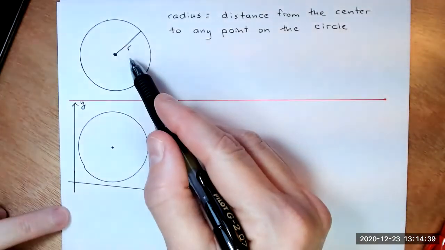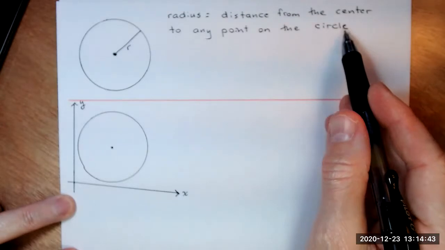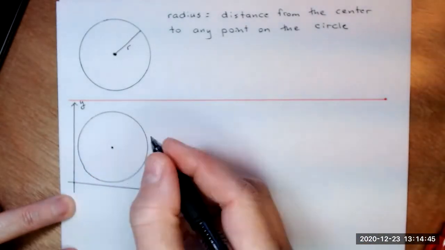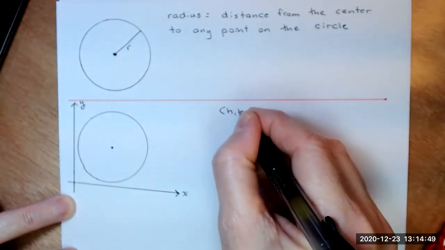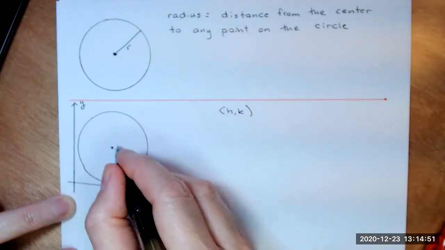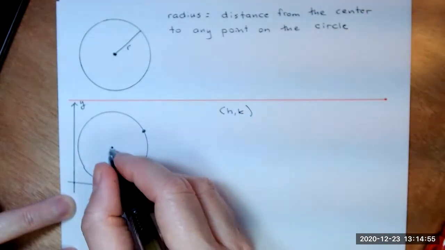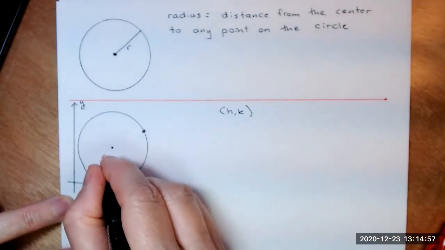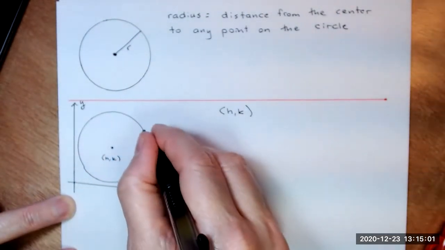So if the radius is the distance from the center to any point on the circle, and we call the center of the circle the point (h, k), well, how do we find the radius? Well, that's the distance between this point (h, k) and any point on the circle.